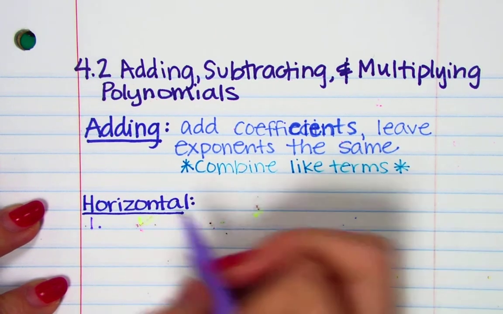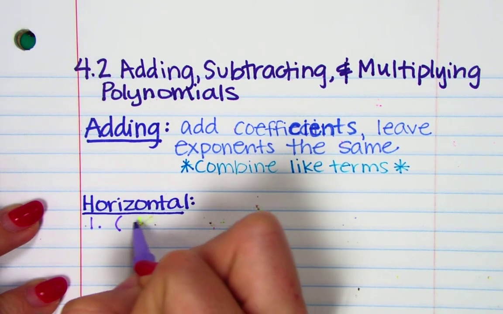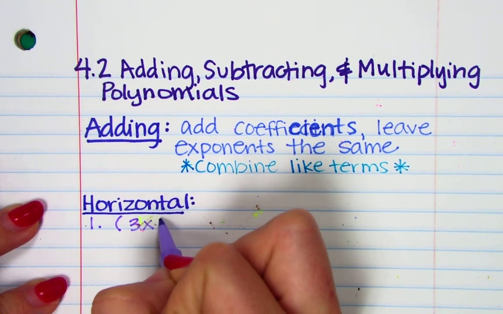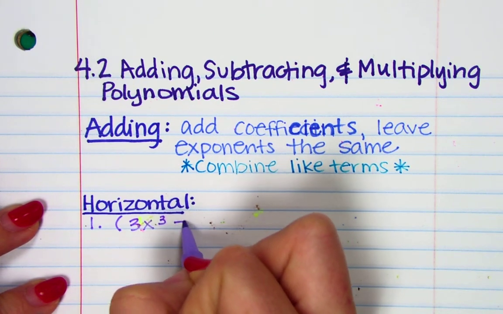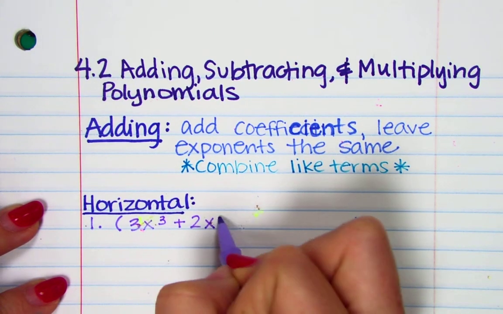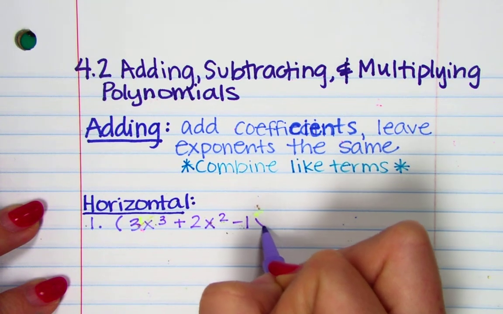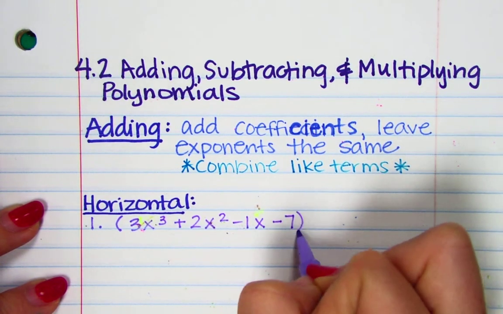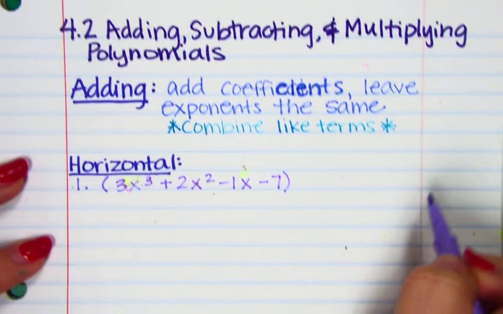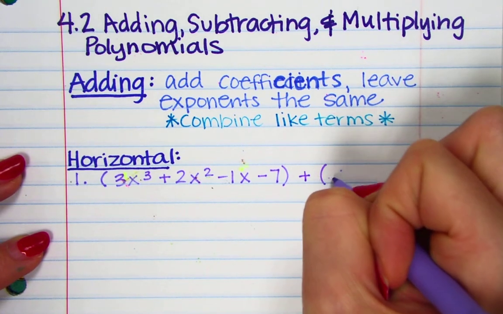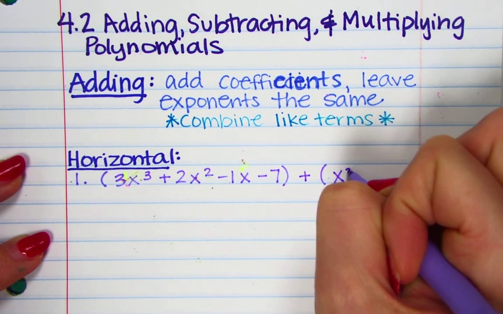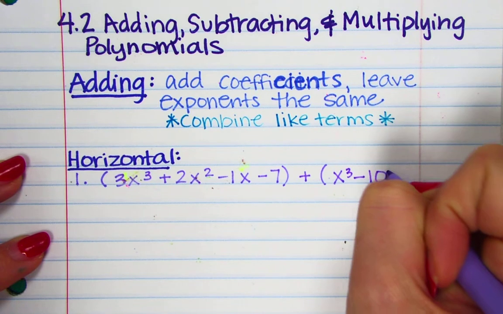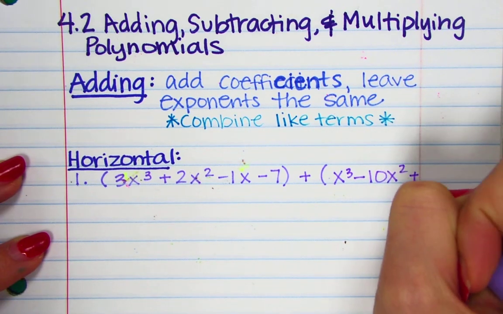All right, first one: parentheses, 3x cubed plus 2x squared minus 1x minus 7, plus x cubed minus 10x squared plus 8.